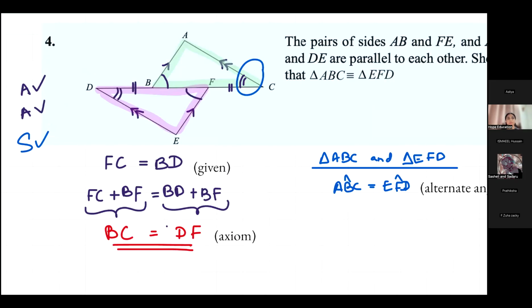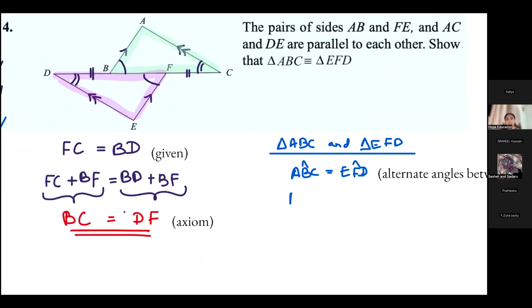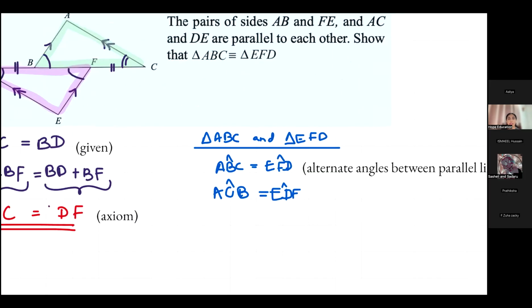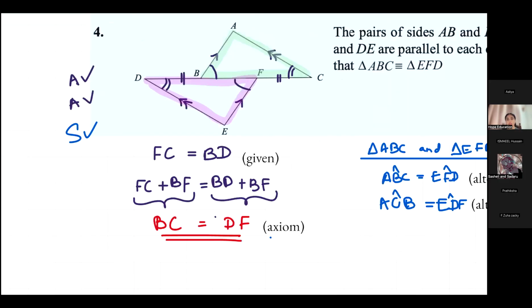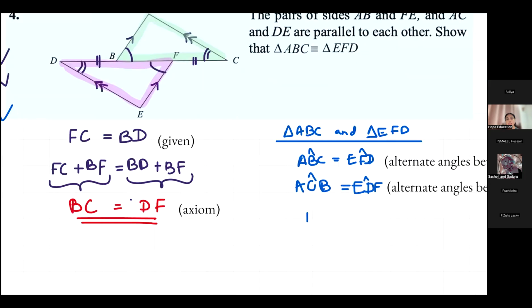Then here, this angle is equal to this angle. Let's write that. ACB is equal to EDF. Same reason, alternate angles between parallel lines. So we have two angles. Now we just need one side pair. We already proved it, so we will just write that BC is equal to DF.